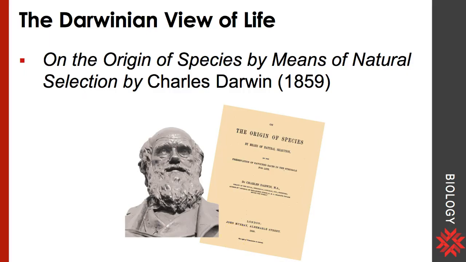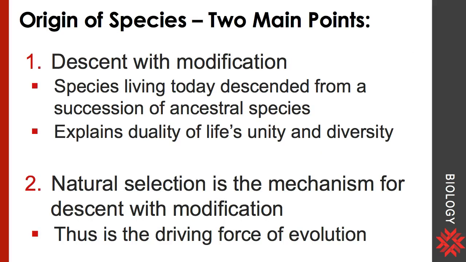Well, how does this process of evolution actually happen? Charles Darwin came up with the idea that evolution happens through natural selection. In 1859, he wrote a book called On the Origin of Species by Means of Natural Selection. In the book, he outlined two main points. The first point was descent with modification, which means that species today descended from ancestral species.